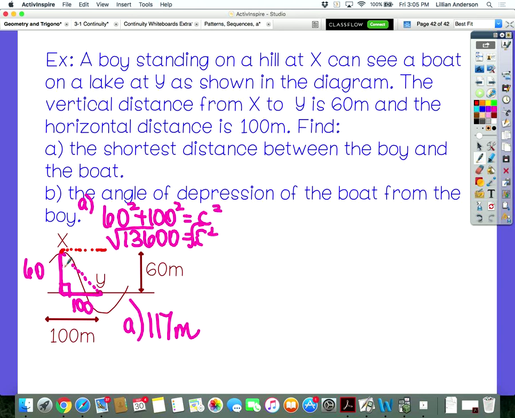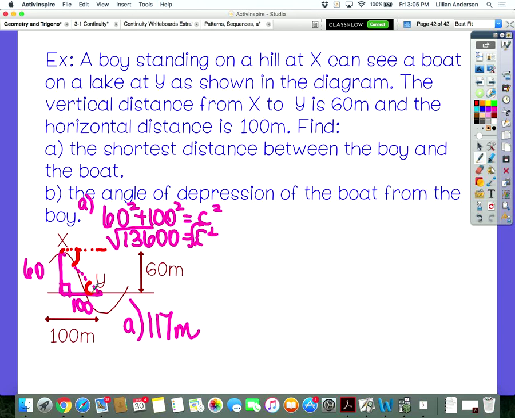Because the angle of depression is not right here. It's actually up here because it comes from the horizontal line looking down to the boat, which is the same as this angle. Exactly. It's from the horizontal to the hypotenuse, not from the hypotenuse to the vertical line.